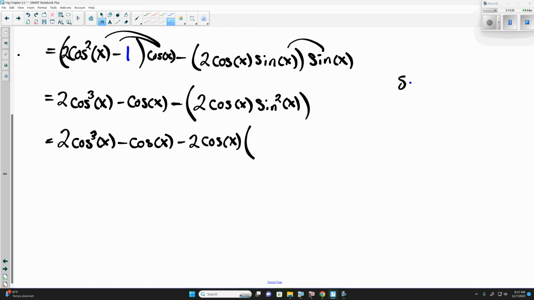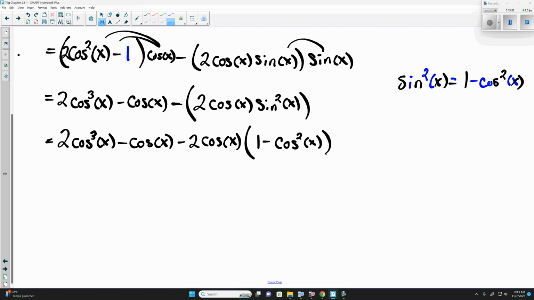Well, according to our Pythagorean identities, one of them is sine squared plus cosine squared equals 1. Well, if we work it out to get sine squared by itself, sine squared is also equal to 1 minus cosine squared of x.